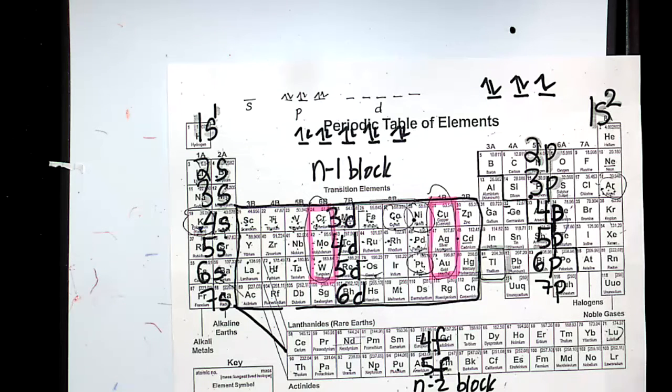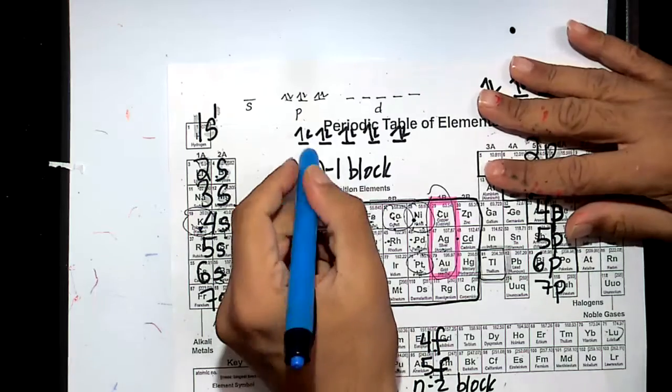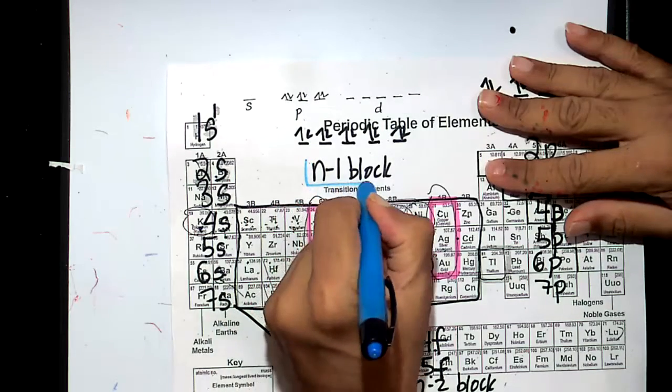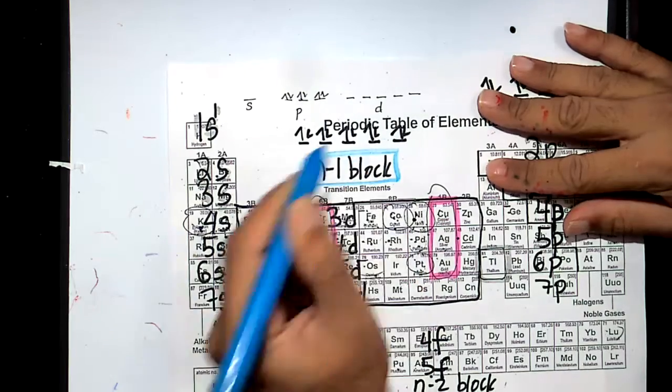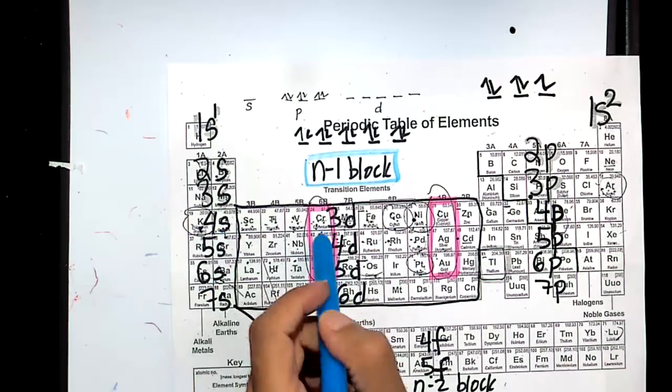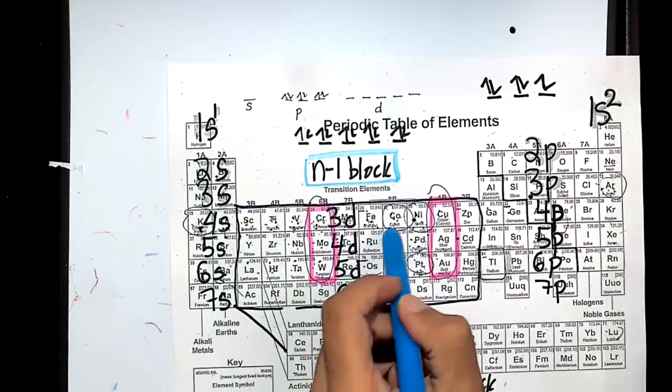The transition block, also known as the n-1 block. The D block is known as the n-1 block. They take the principal quantum number and subtract the 1. So they'll fill 3d.